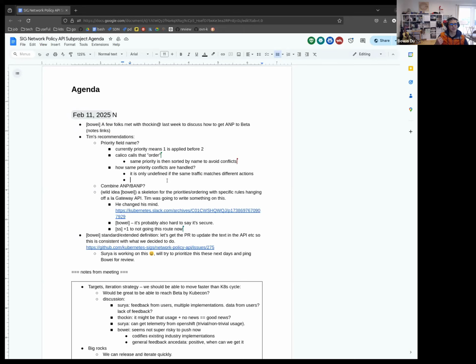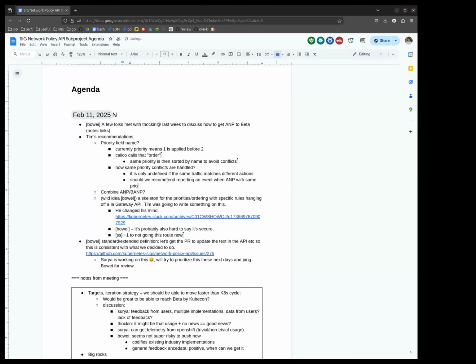Part of the problem is that if you have one policy of priority 1000 that says pods matching label X, and another one that says pods matching label Y, and then it turns out that there's some pod that has both label X and label Y, then that may require preemptively figuring out things that the data plane may not otherwise have bothered to figure out until it sees the packet.